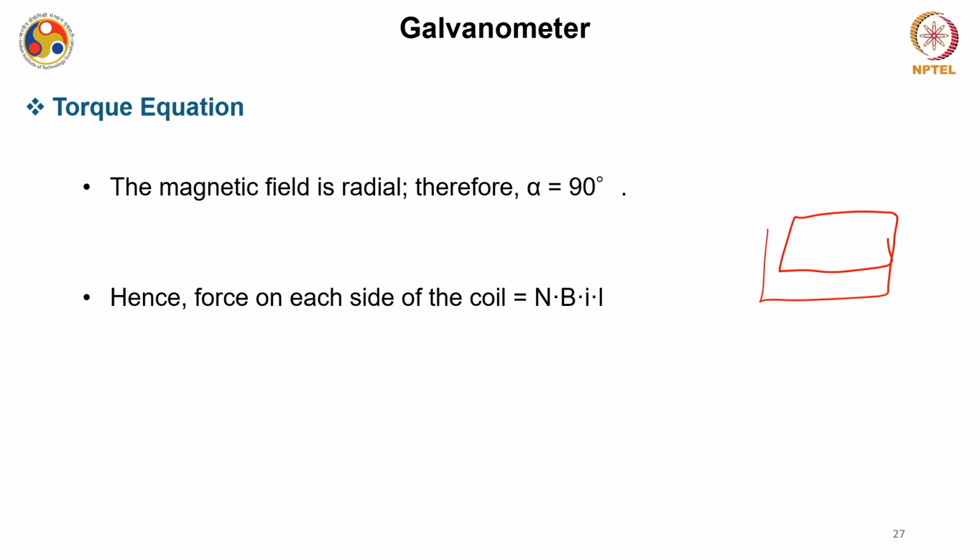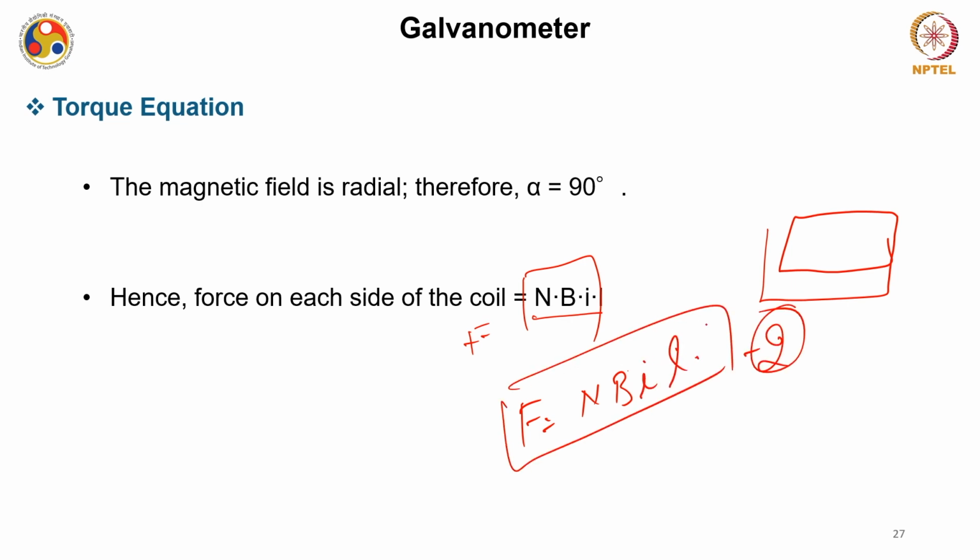And when you have this radial field, alpha will be 90 degrees irrespective of the coil turn. So when alpha is 90, the sin alpha term becomes 1, and the force on each side of the coil becomes NBI into L. This is my second equation.